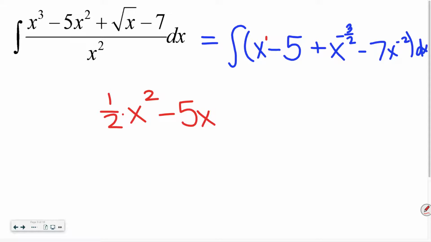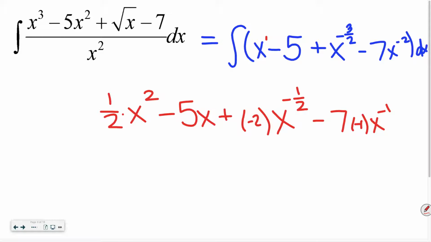Now we have x to the negative 3/2. We increase that power, and it would become negative 1/2. And then we would have to multiply by, okay, I'll rewrite it to make it look prettier. Minus 7 times this power would become negative 1, and we have to multiply by its reciprocal, which is just negative 1.